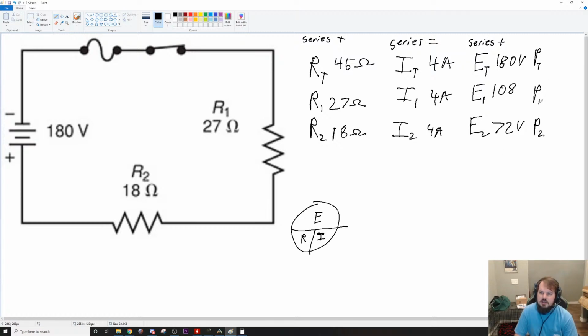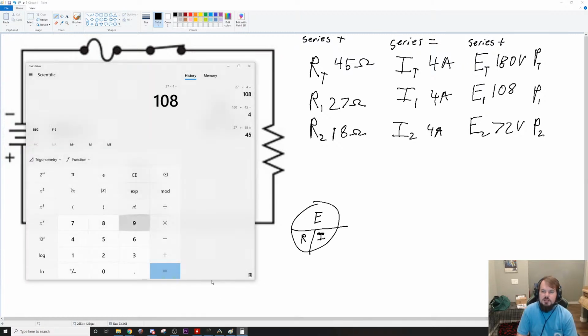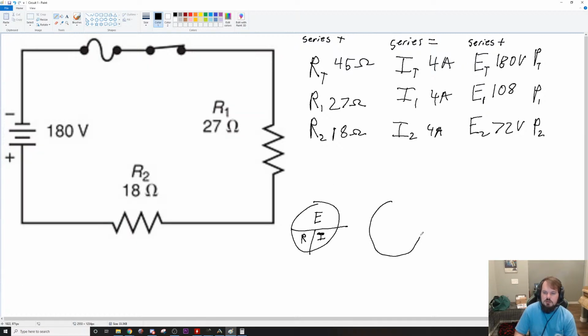Alright, and then now to get our last row, which is the powers, which is pretty much the last thing you can find, we're going to take our I total, so our other circle that we're going to use is P I E. So power is equal to I times E. So power is equal to current times voltage, not current.